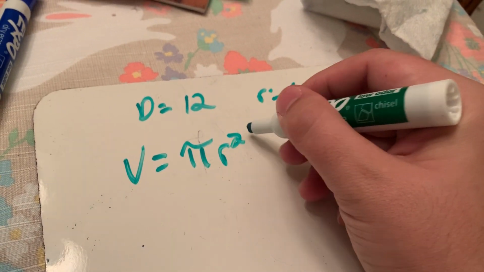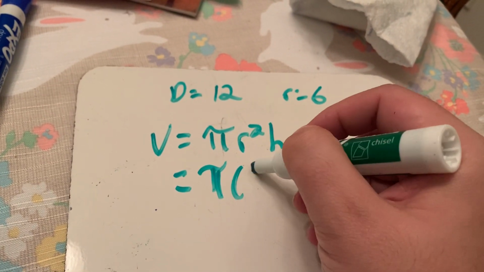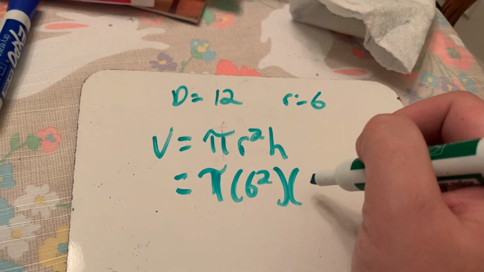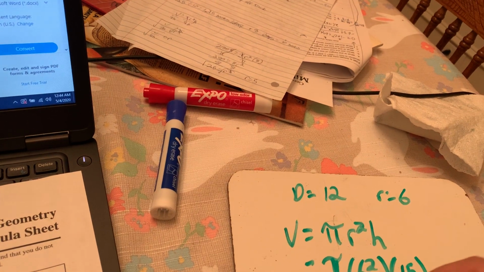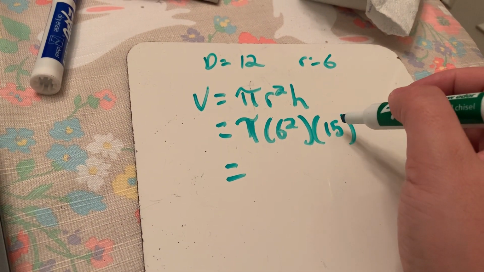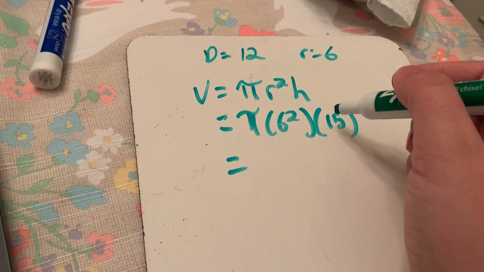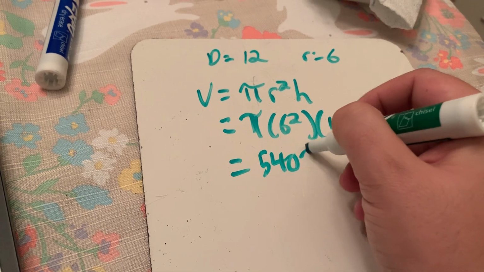So volume is pi r squared h, so it's going to be pi times 6 squared times 15. A little quick math in my head, I will punch in the calculator. 6 squared is 36 times 15 is 180, 540 pi.